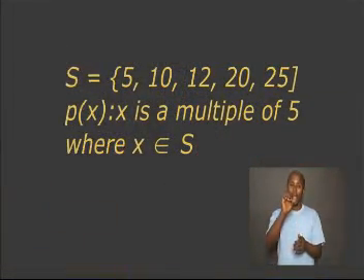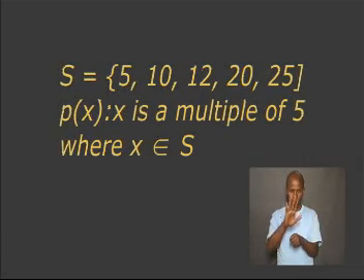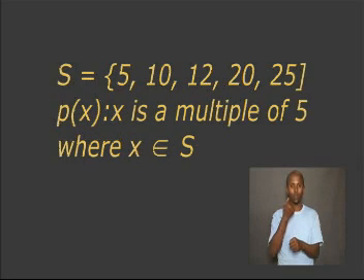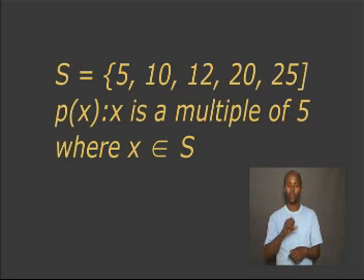Let S equal the set containing 5, 10, 12, 20, 25. P of x is such that x is a multiple of 5, where x is an element of S. Do your best to determine the truth values of the following statements. You can get started now.